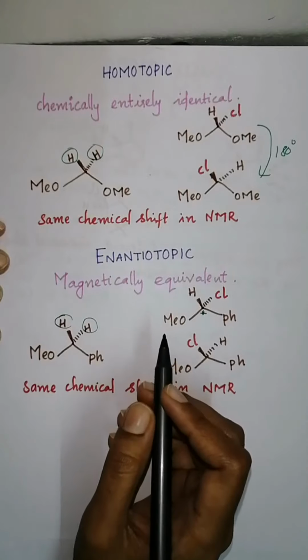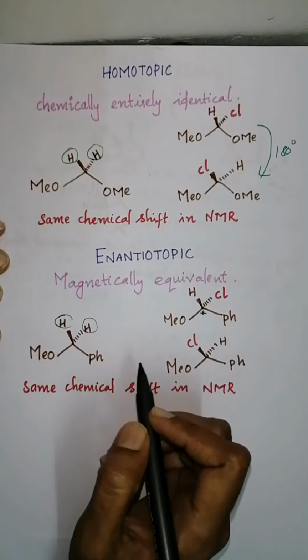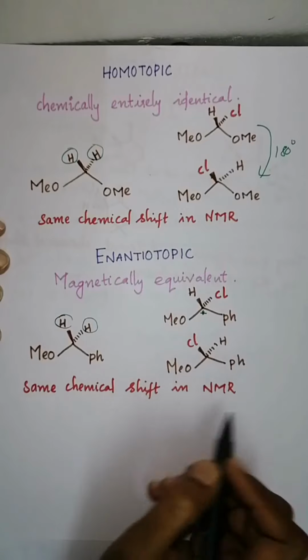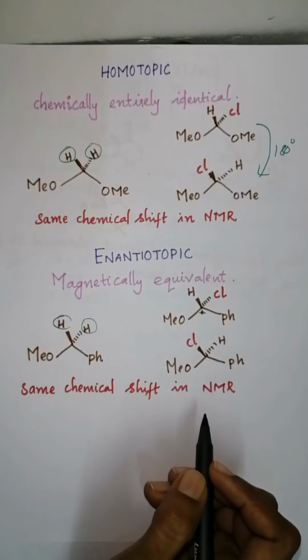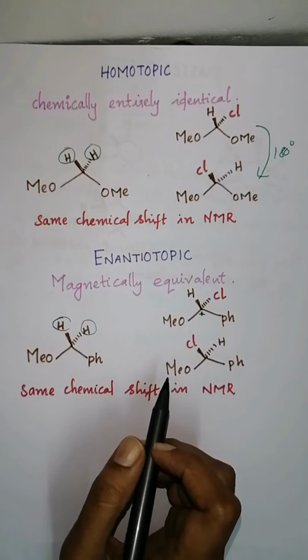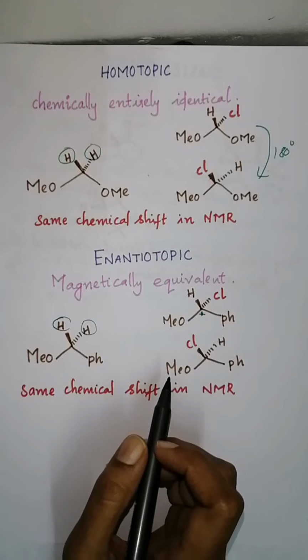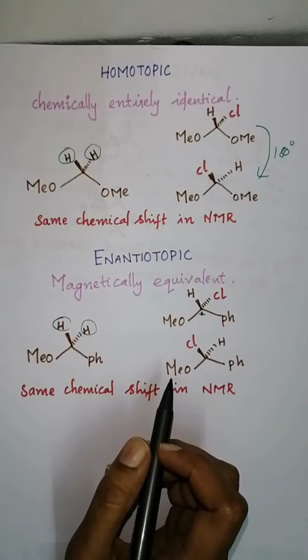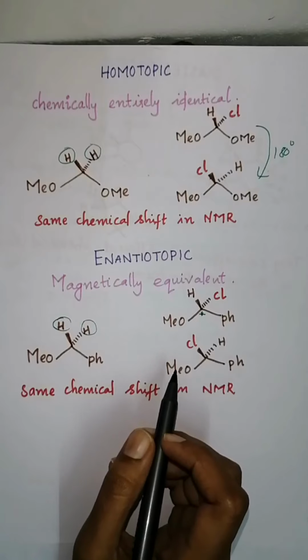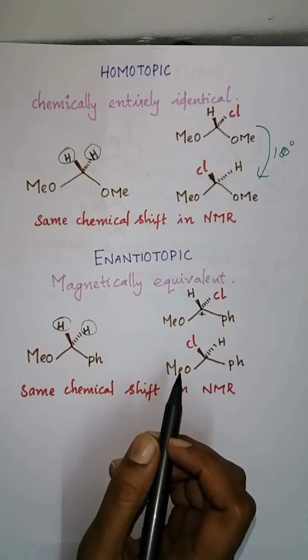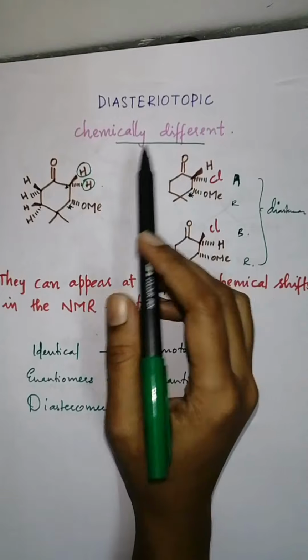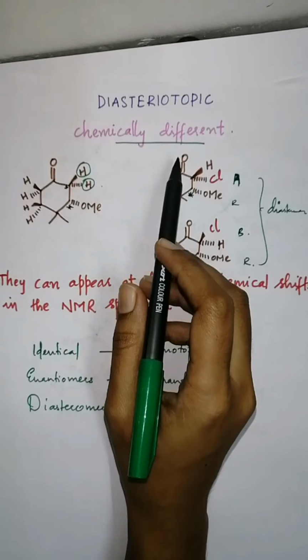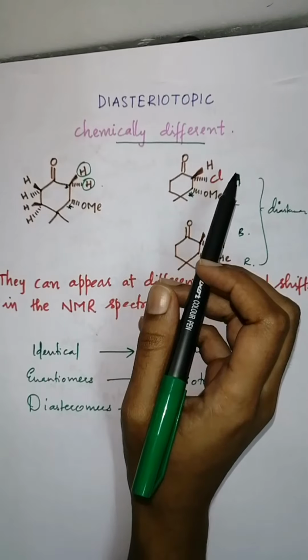Only these things can distinguish enantiotopic protons, but NMR cannot. Why? Because NMR machines cannot distinguish right and left, so they cannot distinguish enantiotopic protons or enantiotopic groups in general.